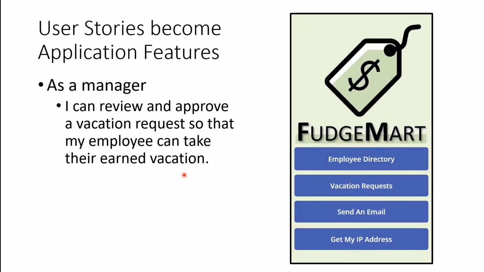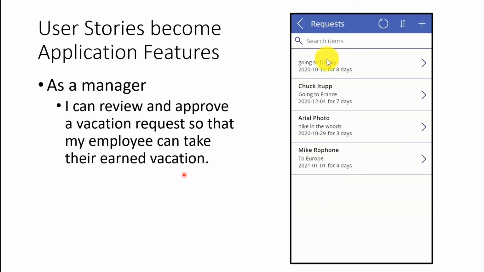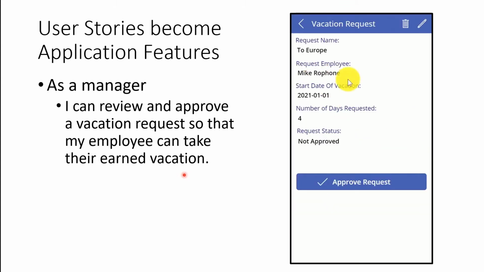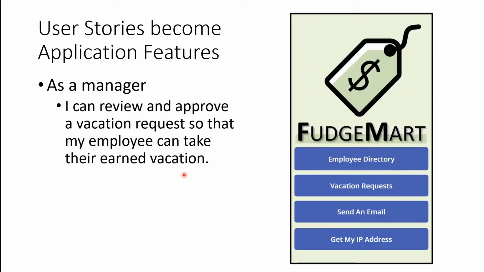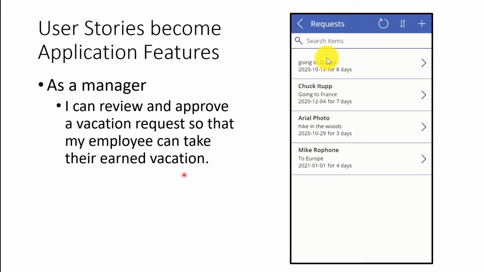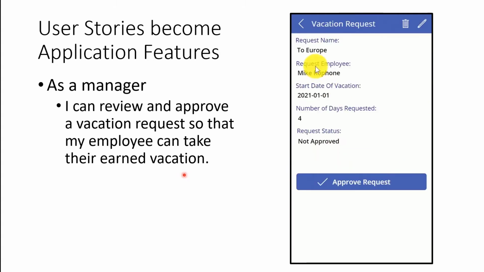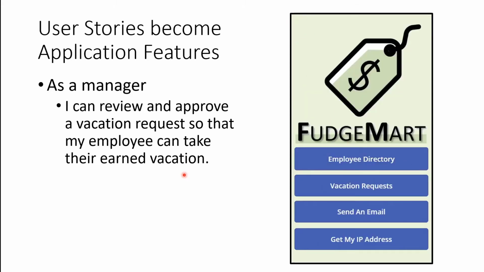Now, granted, there's probably a little more to it than this. I probably want to have an approve and then a not approve. And if I don't approve, I probably want to have a reason. But again, this is just a very simplified example that I'm showing you to give you an idea how a user story might map to features. You see that you don't have to get too far into the weeds as far as design goes, because the data requirements sort of determine the kinds of information that you're going to have in the user interface of the application, and therefore there doesn't need to be a lot of effort spent on the details of the design.